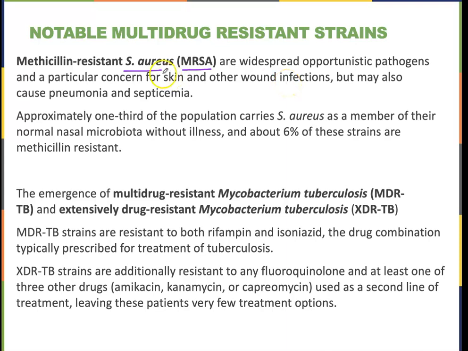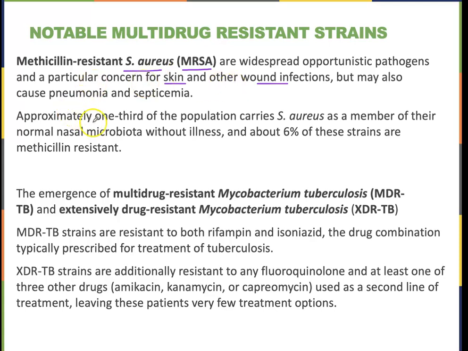But if you somehow get an infection with it, right, you're sick, it overgrows, whatever happens, you have a puncture wound, it gets into the puncture wound. So if you have a skin or other wound infection, you can have an infection with MRSA. If it happens to be MRSA, then it's drug resistant, right? So then when you give someone antibiotics, you have to give them other forms of antibiotics out there, right? So it's going to be hard to treat.